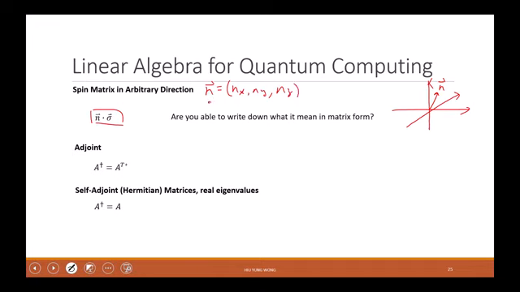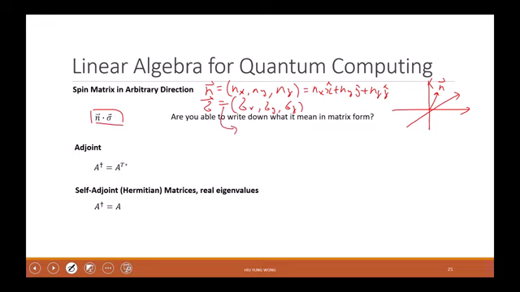But do you remember what is sigma? It's also a vector. Yes, it is equal to sigma x, sigma y, sigma z. Okay, the coefficient is a matrix. If we write it out, this is nx x hat, plus ny y hat, plus nz z hat. You know that already, right, in a real space.